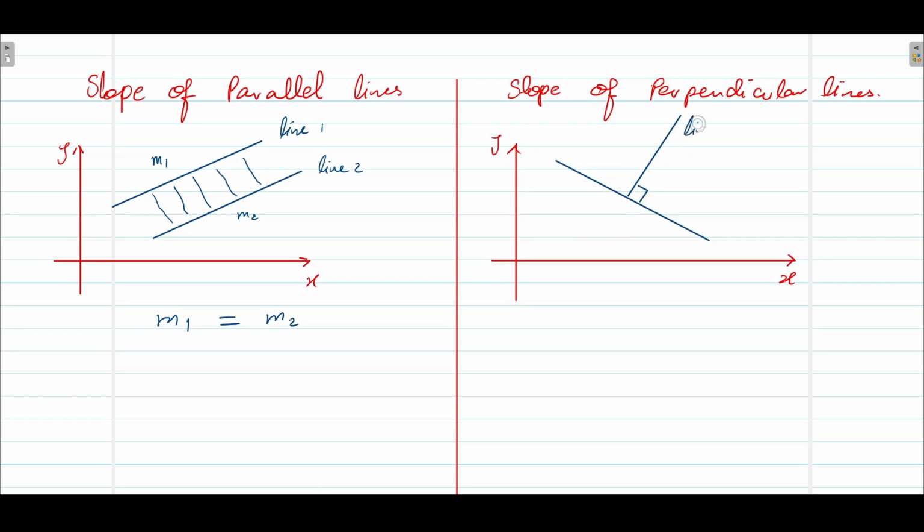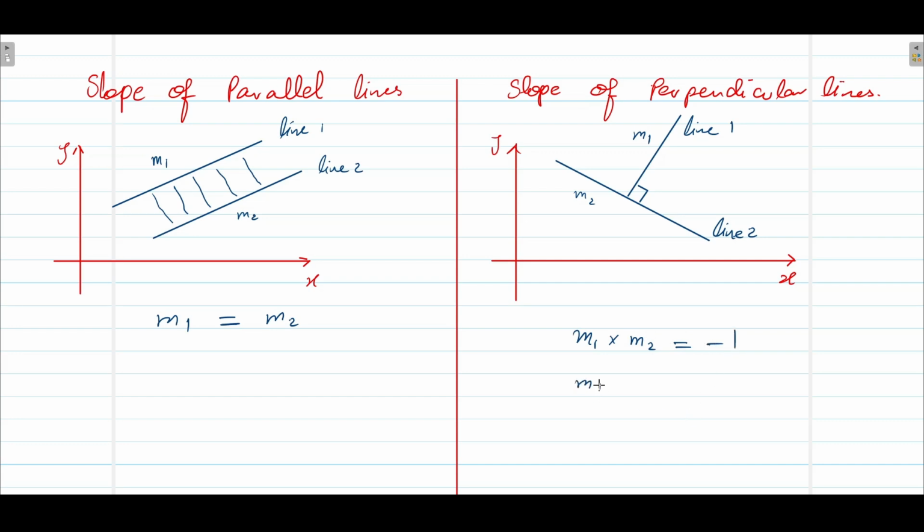This is my line number 1. This is my line number 2. Line number 1 will have a slope m1, line number 2 will have a slope m2. In this scenario, the product of the two slopes will be equal to -1.